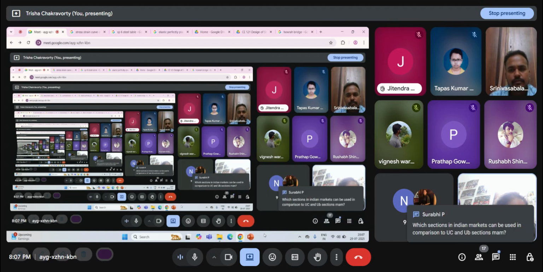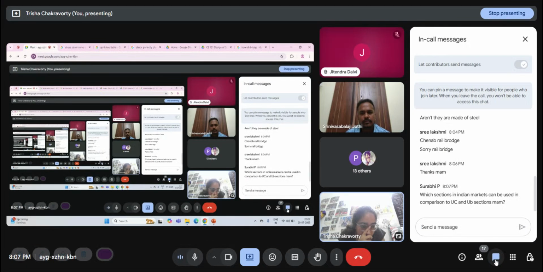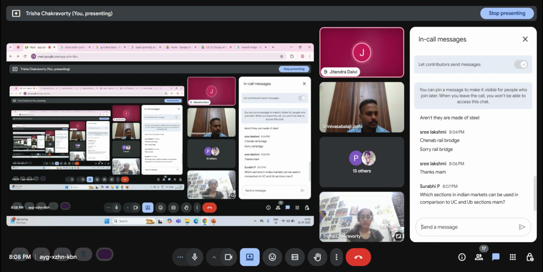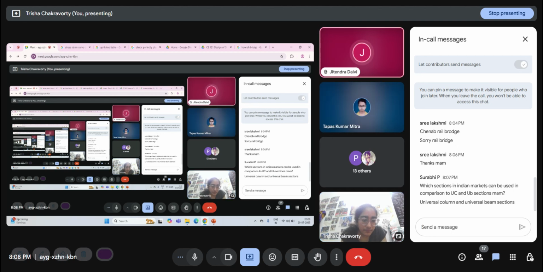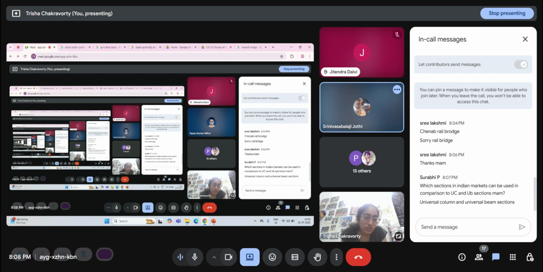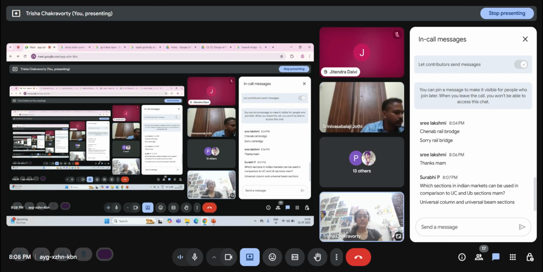Which sections in the Indian market can be used in comparison to UC and UB sections? What are UC and UB sections? Actually, ma'am, that is the universal column and universal beam, a British standard. Okay. The British codes, and some European EN codes, have their own design codes.